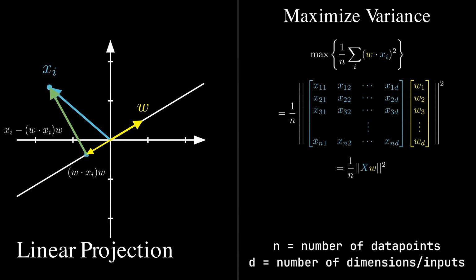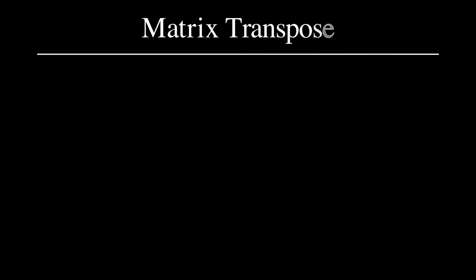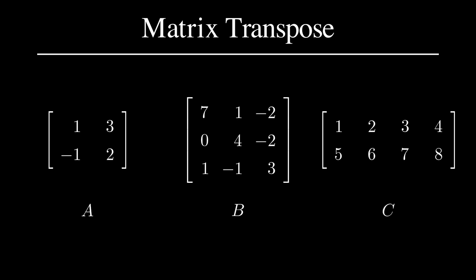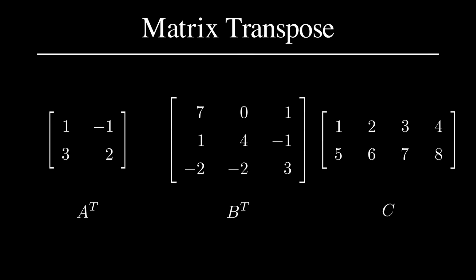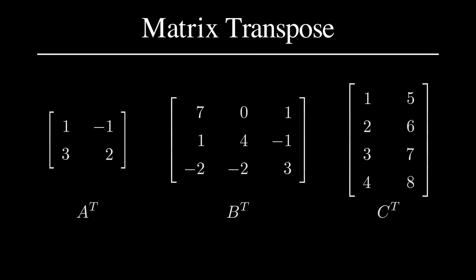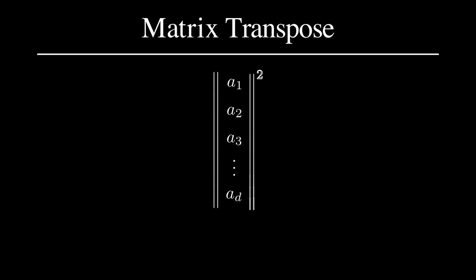Here I want to introduce something called the transpose of a matrix. It's very simple. Basically, it's an operator that flips the matrix over the diagonal starting from the top left. Just swap the rows and columns. Xw is a column vector, and we want the sum of the squares of its entries.